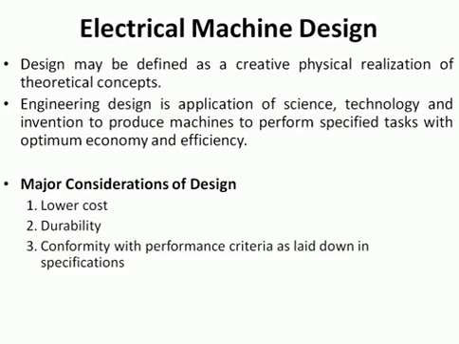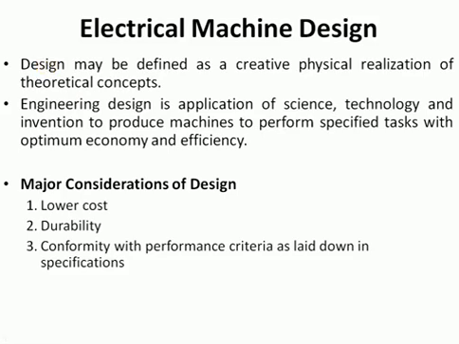While coming to the engineering design, you have to apply the technologies and science you have already studied, so as to produce machines to perform a particular task at a cheap rate with maximum efficiency. That is what an engineering design specifically is. The first point is depicting the basic explanation of a design.